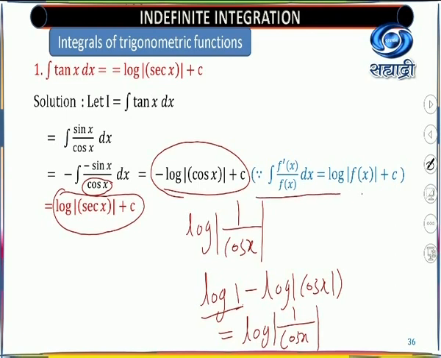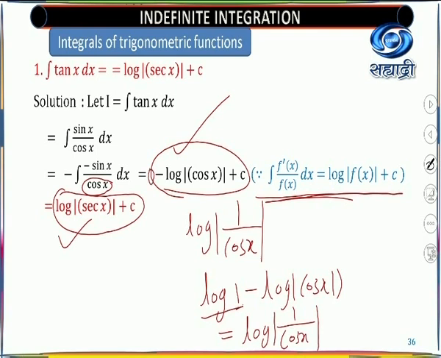So you are using this identity here, that is integral of f dash of x upon fx dx is log of mod of fx plus constant of integration. I have explained, you need to write this answer also. Both answers are equal because of the log. So here you have 0.